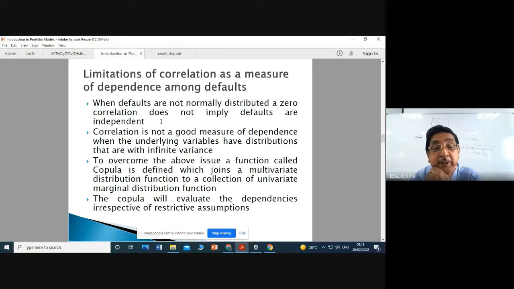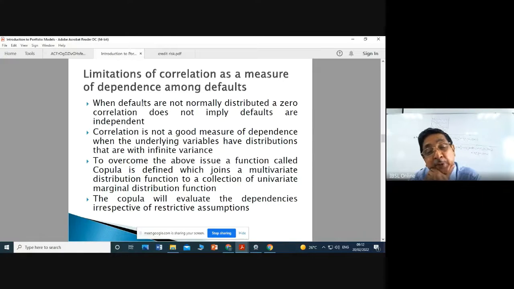Some simple principles come in here. When defaults are not normally distributed, zero correlation does not imply defaults are independent. Sometimes you can see correlations are zero, but that doesn't mean defaults are independent, because defaults are not normally distributed.